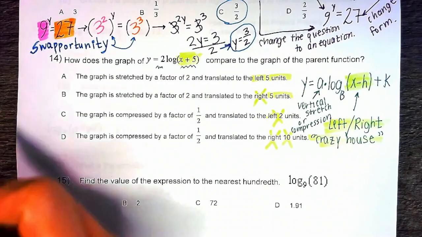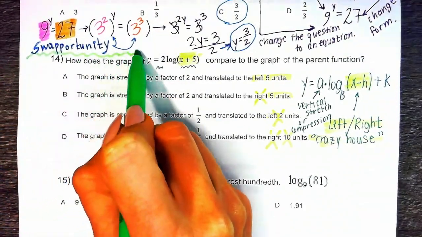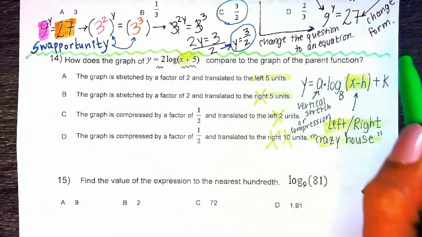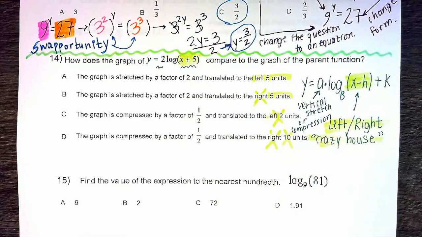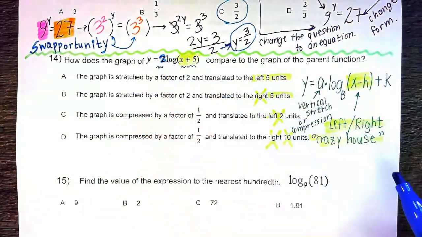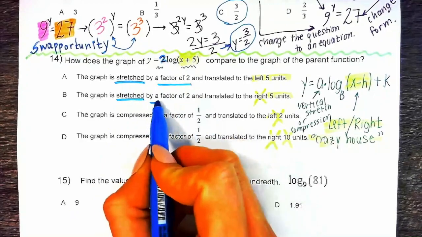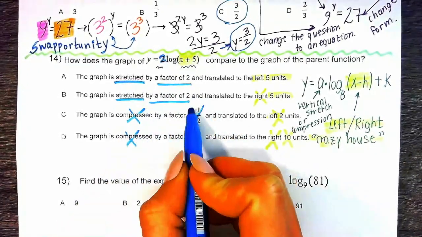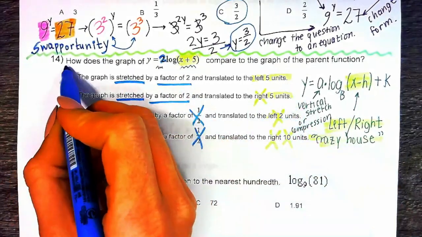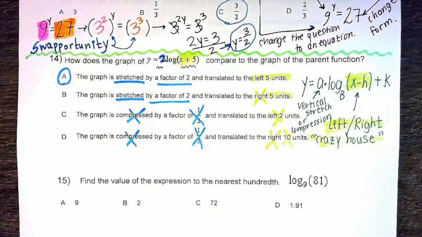And if the number is between 0 and 1, again, we don't pay attention to any negatives for this, it would be a vertical compression. Which choice has all of this criteria met? The answer for this question is going to be A.